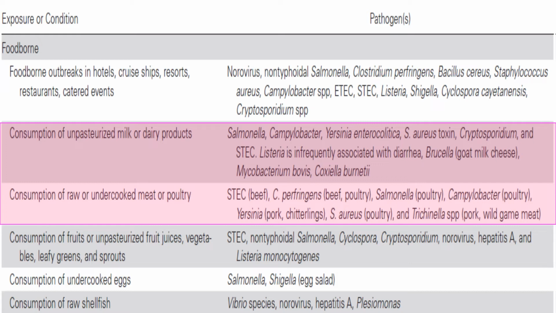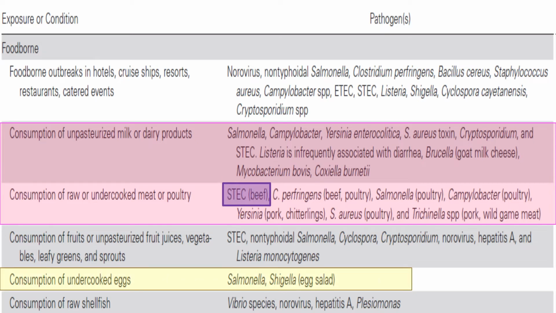Clostridium perfringens, Salmonella, Campylobacter, Yersinia, and others. The most common is undercooked eggs, which come from Salmonella. You know that Salmonella produces an odor like a rotten egg, from the hydrogen sulfide produced by Salmonella.